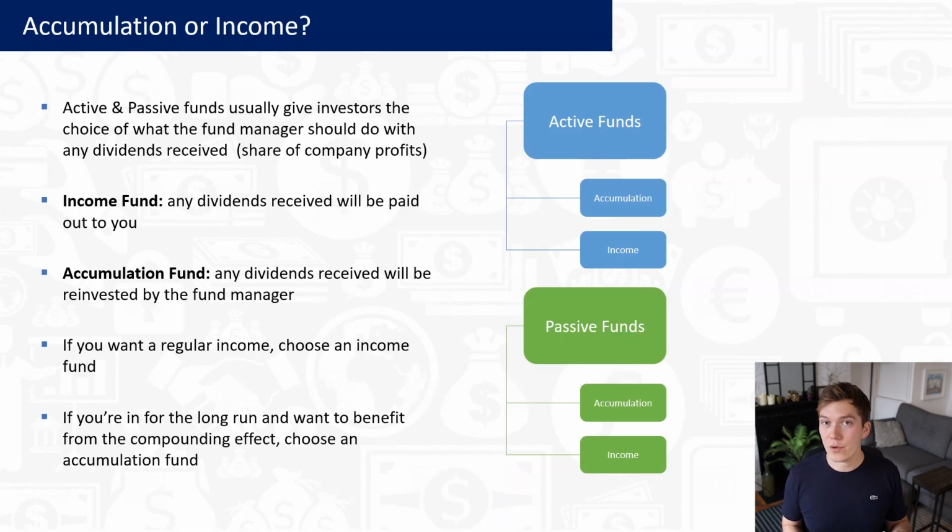Now, if you're not familiar with what a dividend is, quite simply, it's where at the end of each year, certain companies will look at all the profits that they've made and they'll say, well, we don't really want to reinvest it in our own business, so we're going to pay out all of those profits to our shareholders. So they'll say, okay, we made this amount of profit this year, we're going to pay 30% of that out to all of our shareholders. So that's exactly how it works. And in summary, I'd say it's better to go for an accumulation fund if you're invested for the long run.